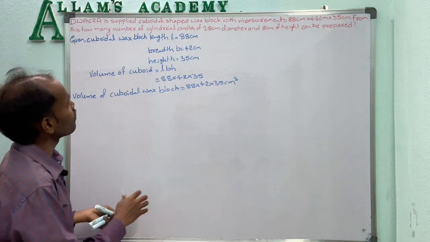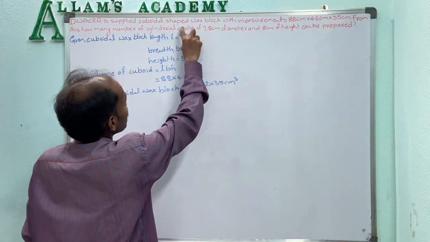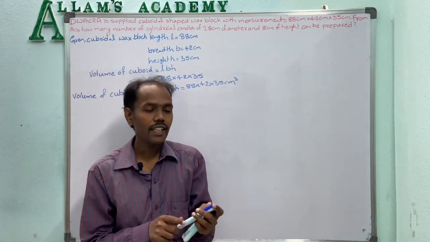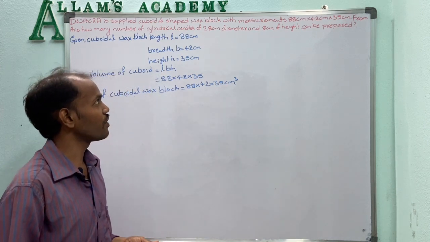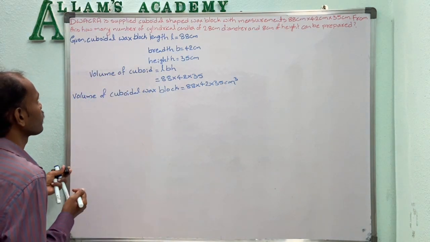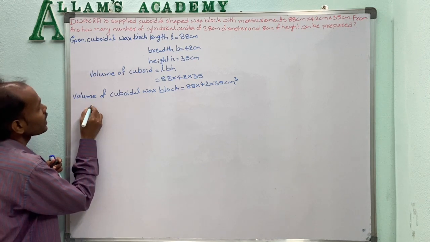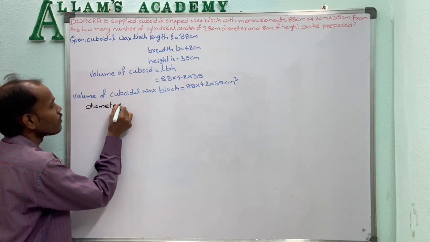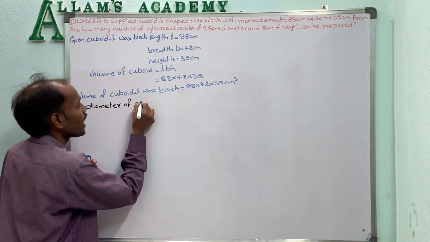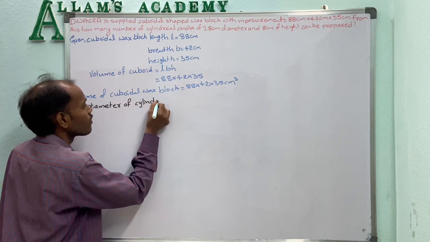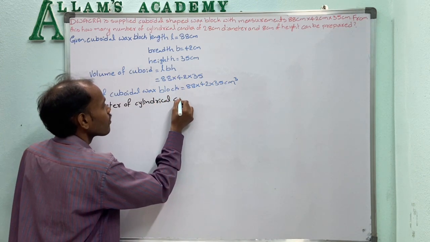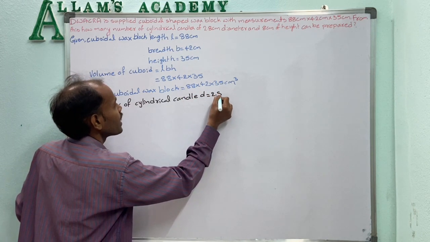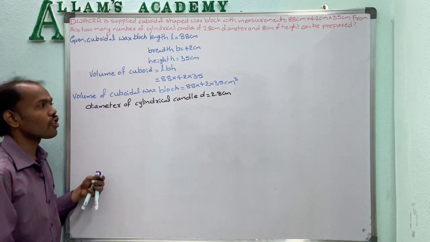Next, they are given information about the cylindrical candles: diameter 2.8 centimeters and height 8 centimeters. That is the information given. So the diameter of cylindrical candle D equal to 2.8 centimeters given.